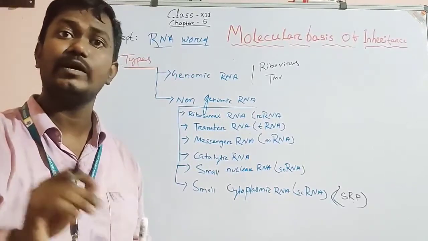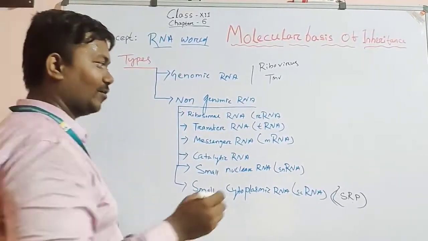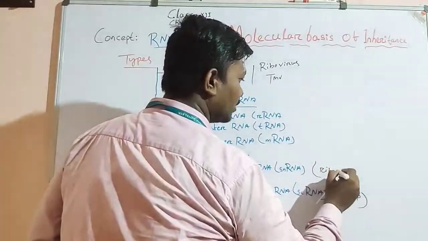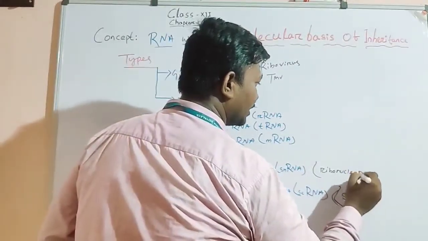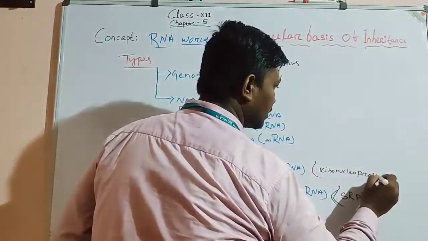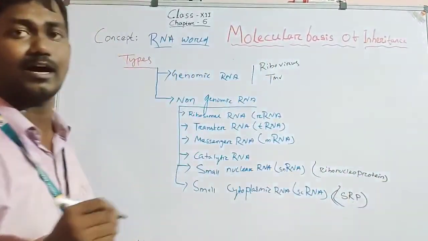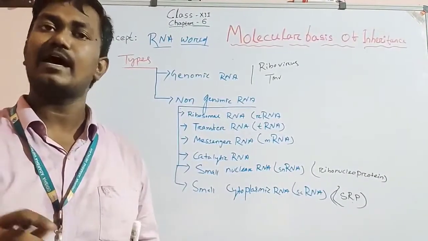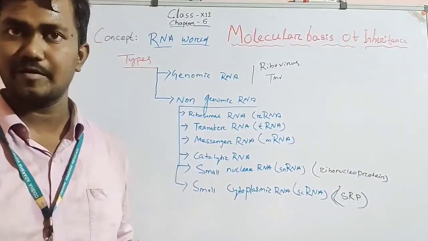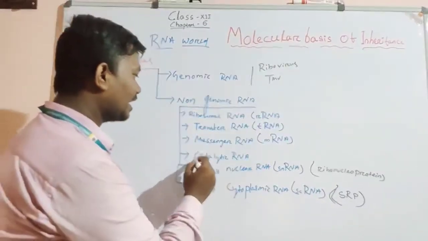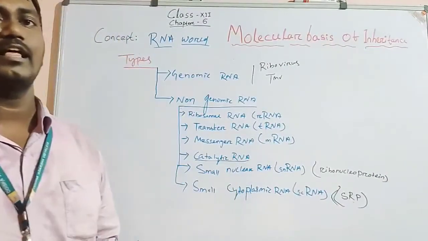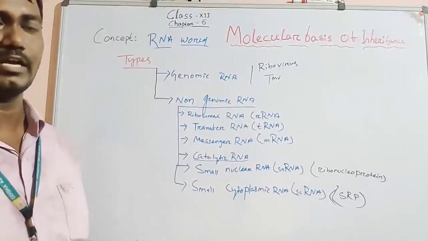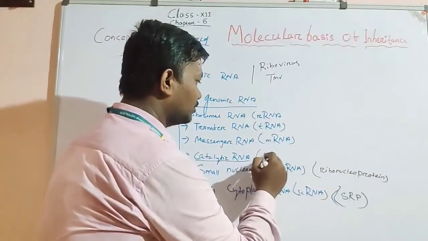Binding with 7 to 8 proteins, it forms a complex known as ribonucleoprotein, whose main functions are splicing, mRNA processing and rRNA processing. The catalytic RNA generally acts as a catalyst or enzyme, which is popularly known as ribozyme.